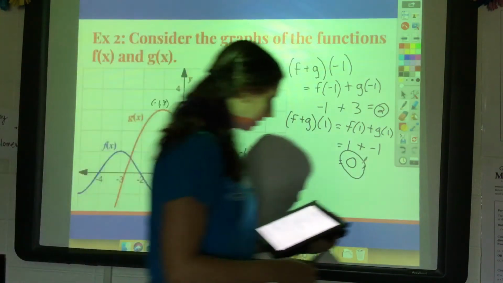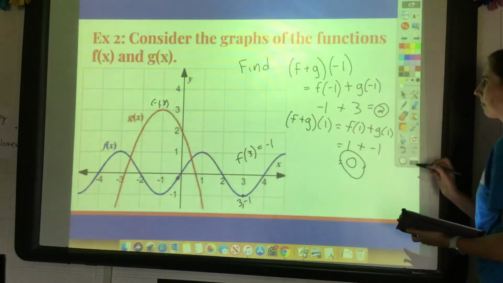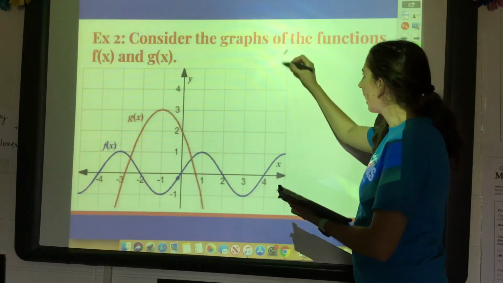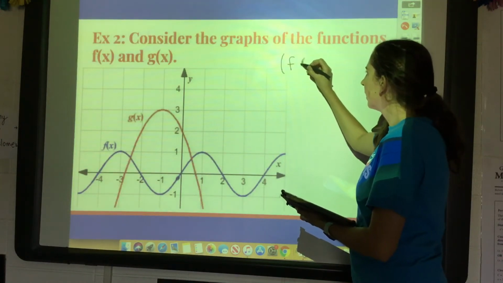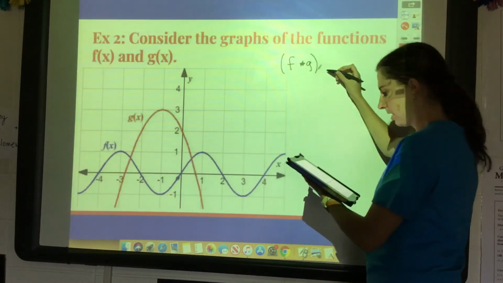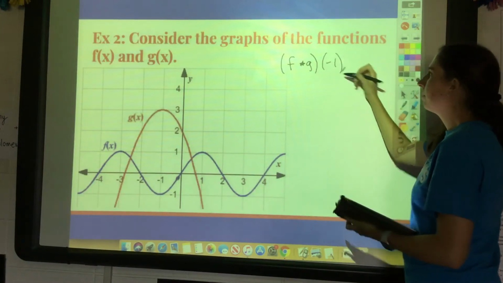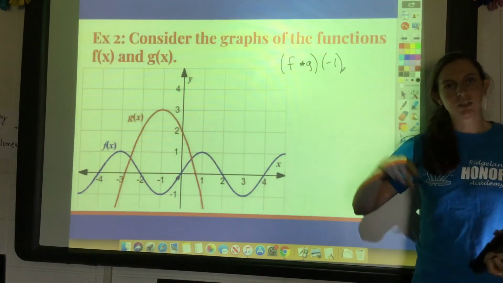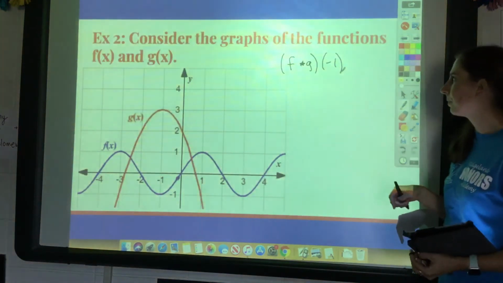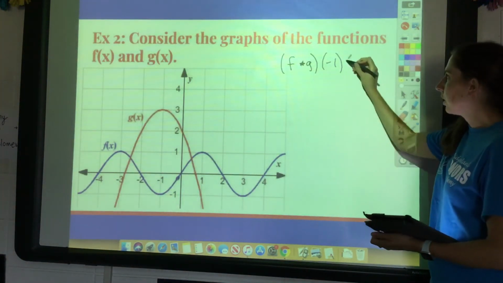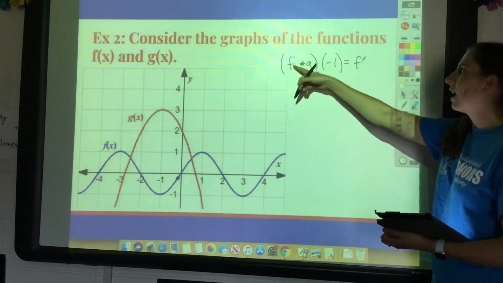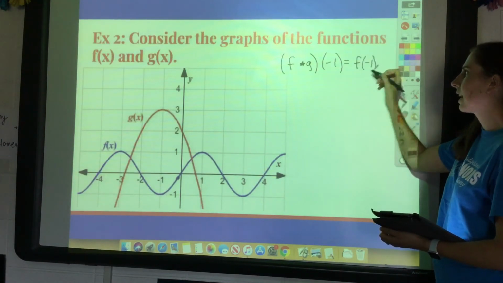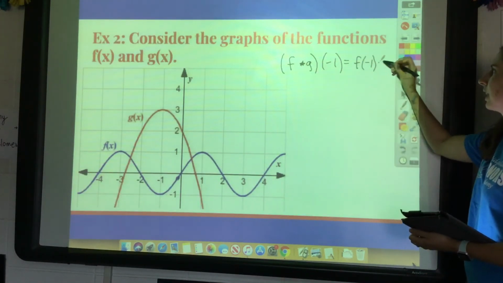Let's do 2 more. Let's try f times g of -1. Sometimes when I type these, I use a star instead of a dot. That still just means multiply, by the way. All right, so again, we'll just do f of -1, in this case times g of -1.